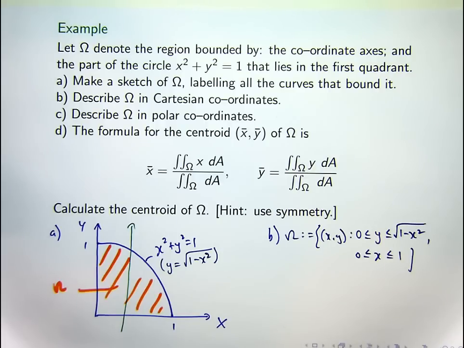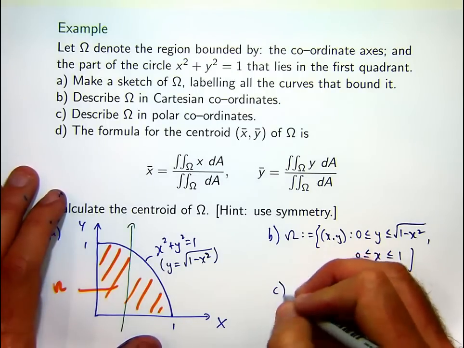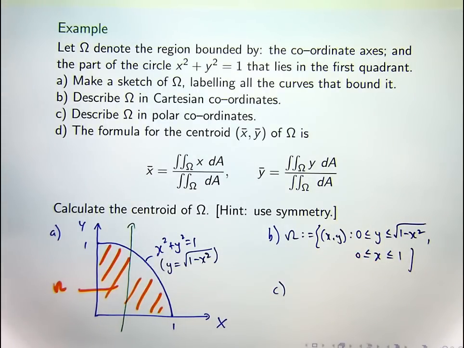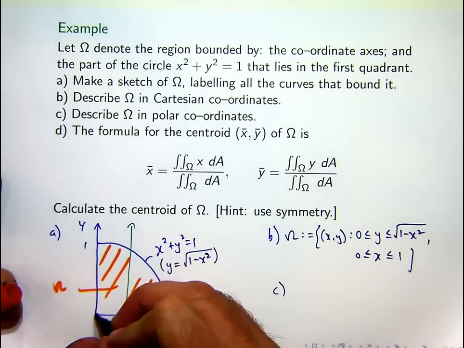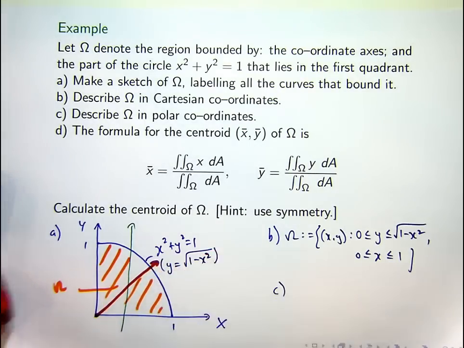What about polars? Well, I'm going to draw another line starting at the origin and emanating outwards. I'm going to start here and draw a curve that goes through the region. Again, you might want to draw your own set of drawings here, but I'm just going to squeeze it onto this one page.